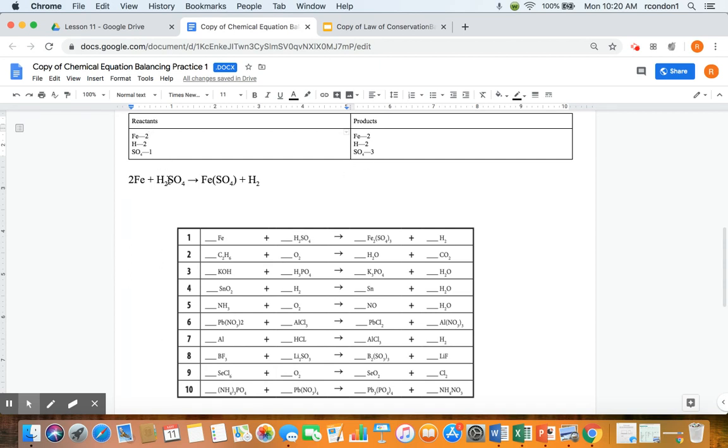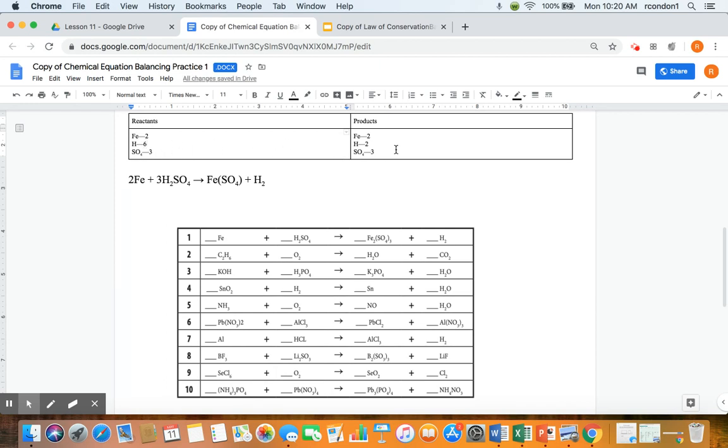So I'm going to add a coefficient 3 right here. Boom. So that gives me 3 SO4s. So that would go here. And then what that also does is it actually changes the amount of hydrogens I have from 2 to 6. So 3 times 2, that means we have 6 now.